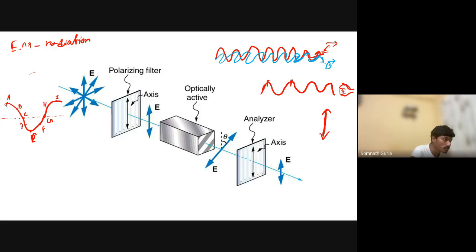So this point A is directed this way, zero, and then we have this way. So this is my major part, the maxima.